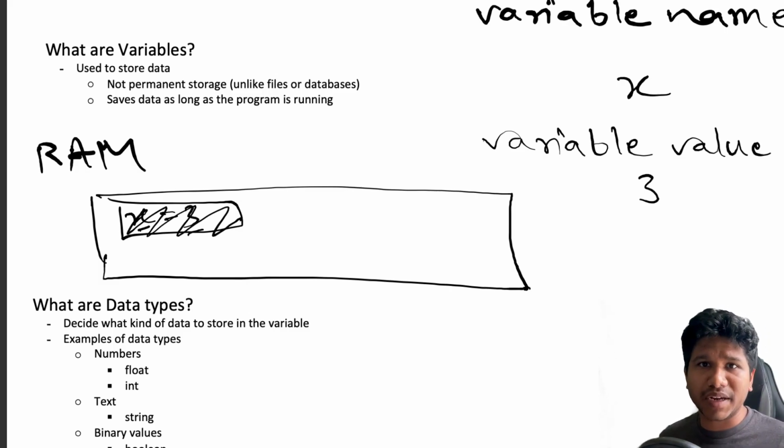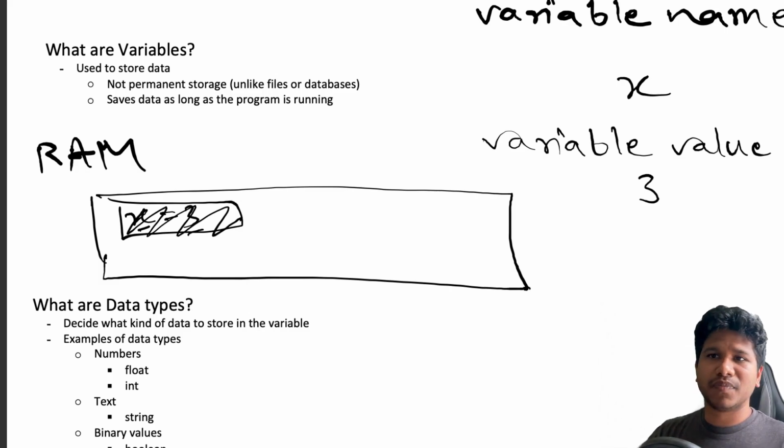And if we have binary values like just 0 or 1, it's like a flag, if something is on or off, for that we will use a binary variable, which is basically a Boolean variable, and it will have type bool.